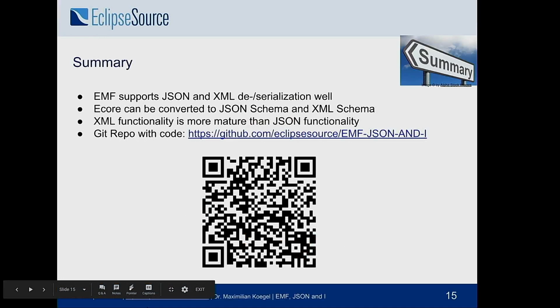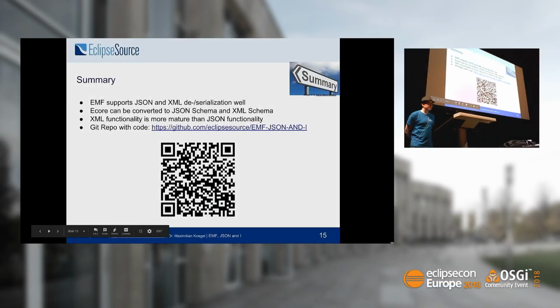So in summary, EMF supports the JSON and XML serialization quite well. You can do that only on the instance level, then you don't care about the whole conversion of a JSON schema to an Ecore or an Ecore to an XML schema. You can also do it on the model or schema level, and then an Ecore can be converted to a JSON schema or to an XML schema, but you cannot get back from the JSON schema to the Ecore.